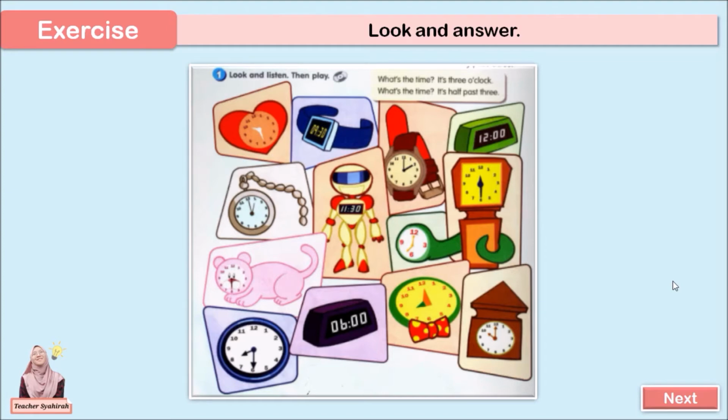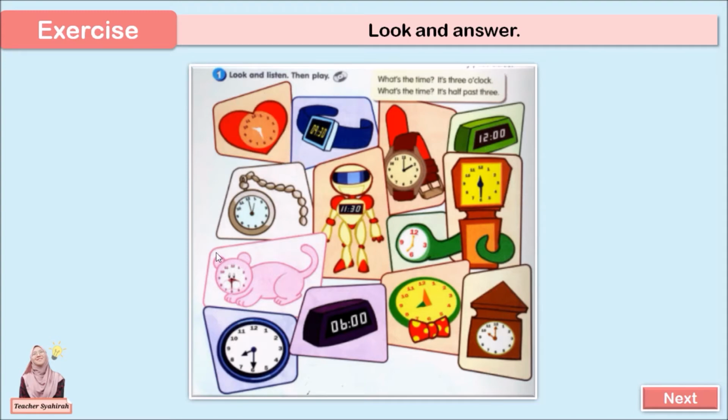Okay, now you already understand how to use the sentence pattern. We're going to apply the sentence pattern into this activity. So what I want you to do right now is pause this video for a while and then take a piece of paper. Okay, now look at your textbooks.